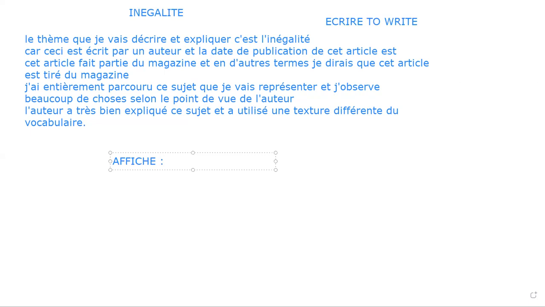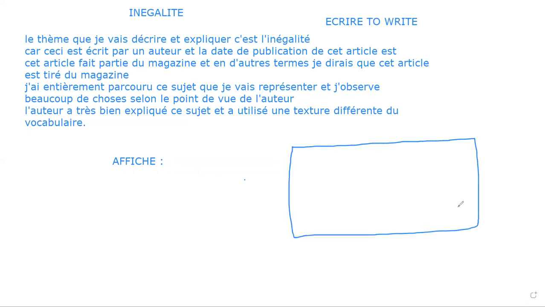The chit, the poster you will receive for your inequality, because you will get a very small chit. You have to choose. The small chit we call affiche. You have to read those 10, 5, 6 lines, whatever it will mention over there.